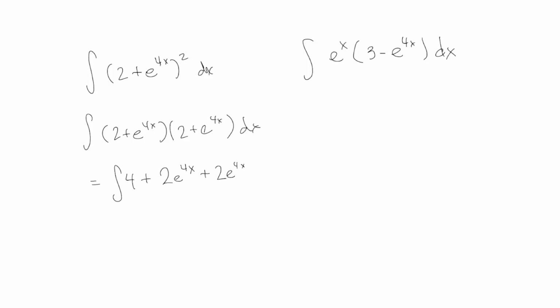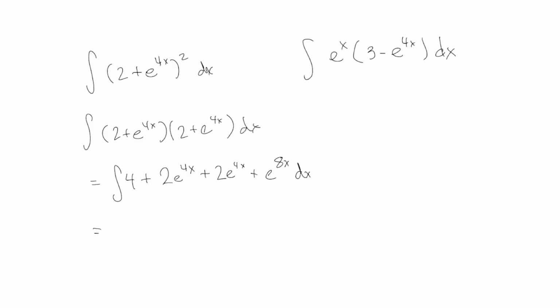And on the end, I get e to the 4x times e to the 4x, which all good boys and girls remember, you add the exponents in this situation. So e to the 4x times e to the 4x, we add the exponents, we get e to the 8x. I hope you did that properly. But anyway, now that they're all added together, we can just go down the line and take the antiderivative each time.